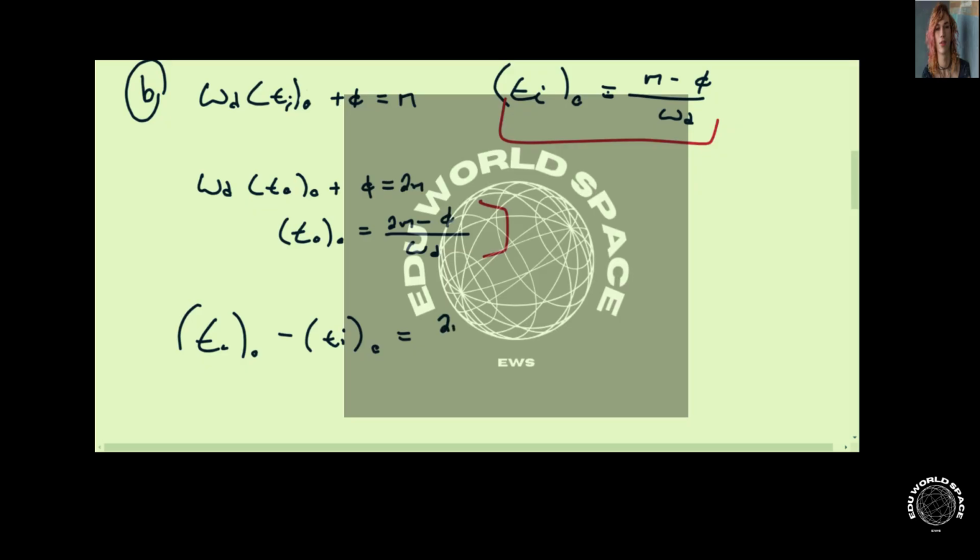So we have 2 pi minus phi over omega d, and let me write that a little bit nicer, minus pi minus phi over omega d. Okay.